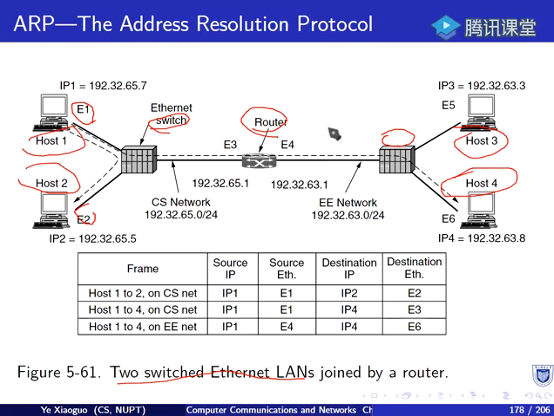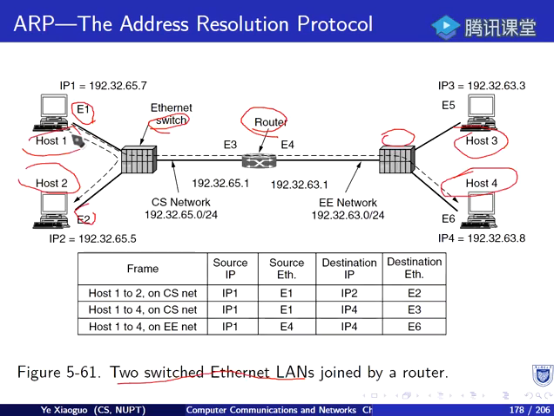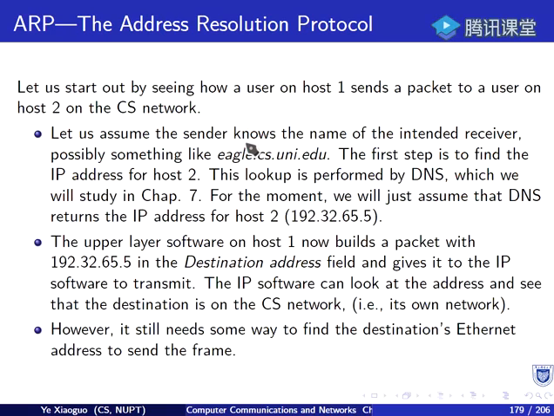Okay, let's continue. Let's start out by saying how a user on host 1 sends a packet to a user on host 2, on the CS network. Let's assume the sender knows the name of the intended receiver, a domain name.